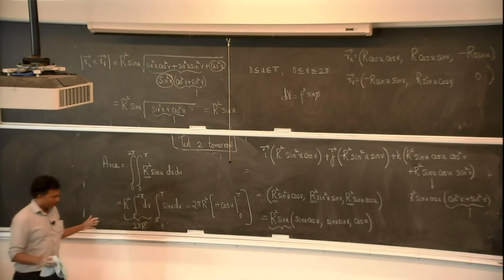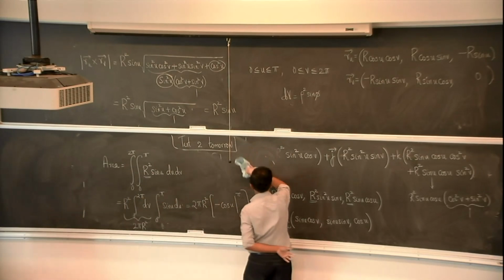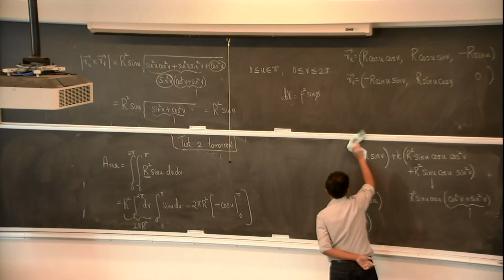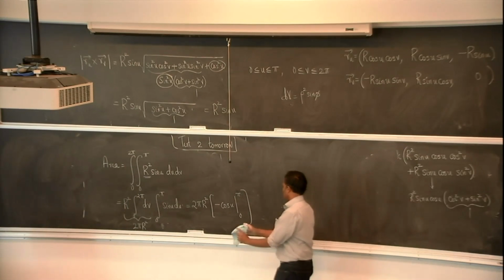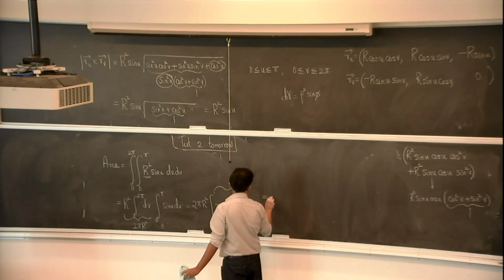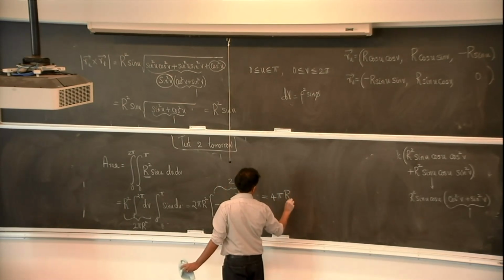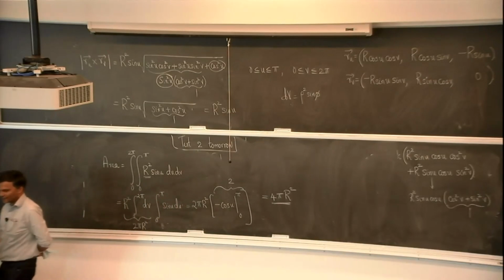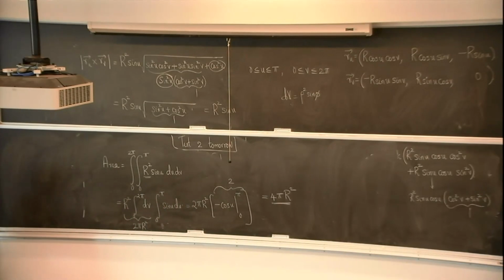That negative is important because we don't want a negative surface area. So it's negative cosine pi, which is negative of negative 1, that's positive 1, minus negative cosine of 0, which is 1. So this term is 2, and this is equal to 4 pi r square. So whatever you probably saw earlier and forgot, the surface area of a sphere of radius r is 4 pi r square.